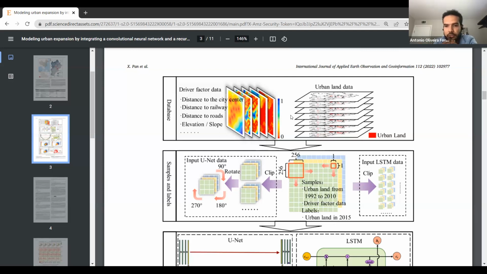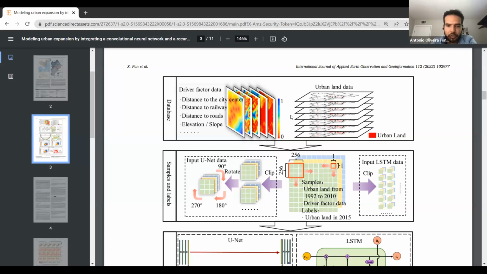And then you have urban land data, which is basically this binary map that says where the urban areas are and where they are not, right? And that's essentially the data that we're going to combine to give as input to the models, correct? Yes.